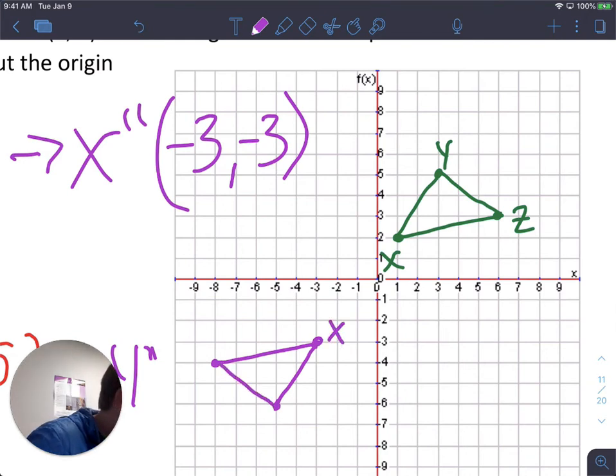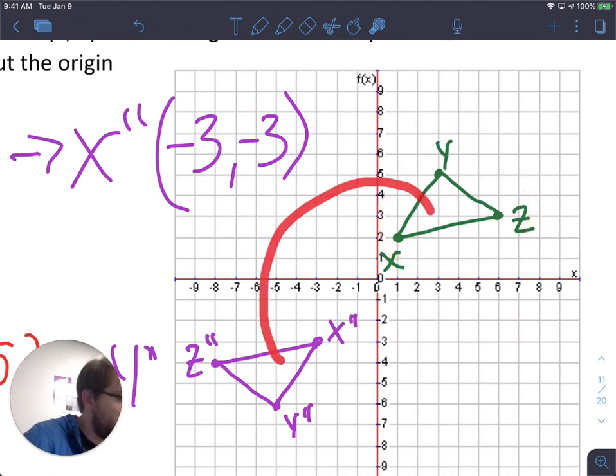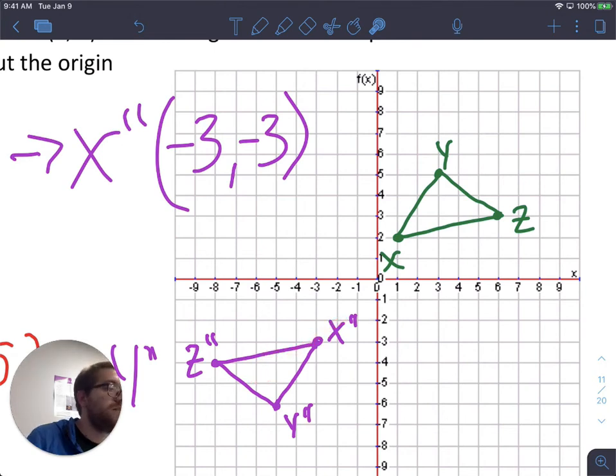So we've got X double prime, Y double prime, and then Z double prime. So this figure was rotated 180 degrees and then translated. Translated to the left and down.